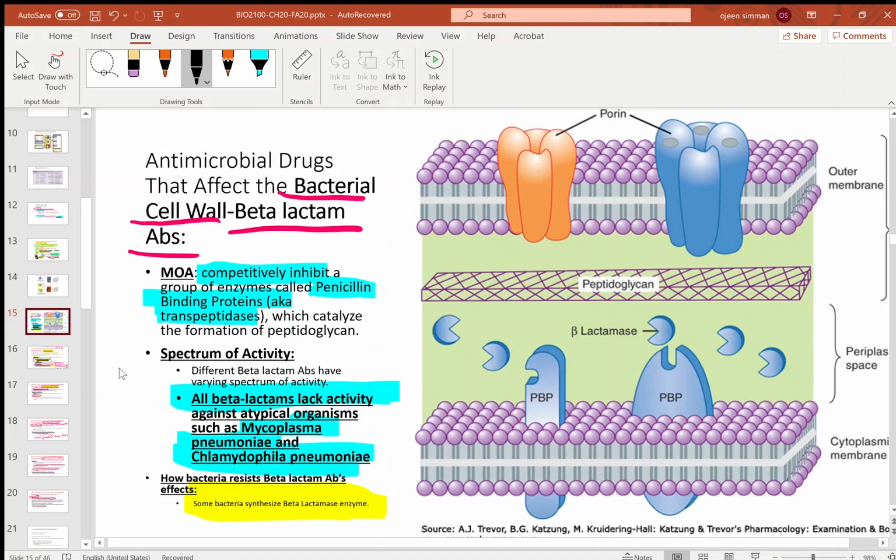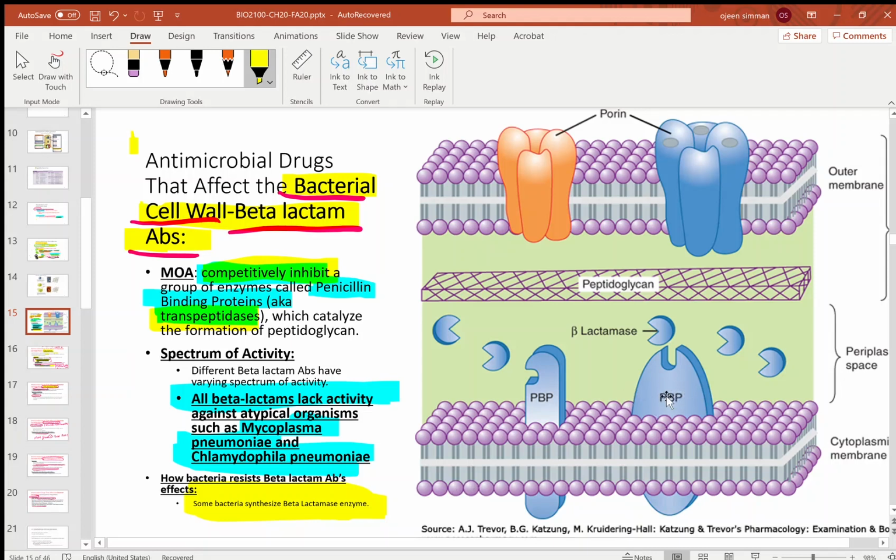Okay. So here we're going to start talking about the antimicrobial drugs that inhibit cell wall synthesis, which includes the beta-lactam antibiotics. Their mechanism of action is to competitively inhibit an enzyme called penicillin binding protein, which is also known as transpeptidase.